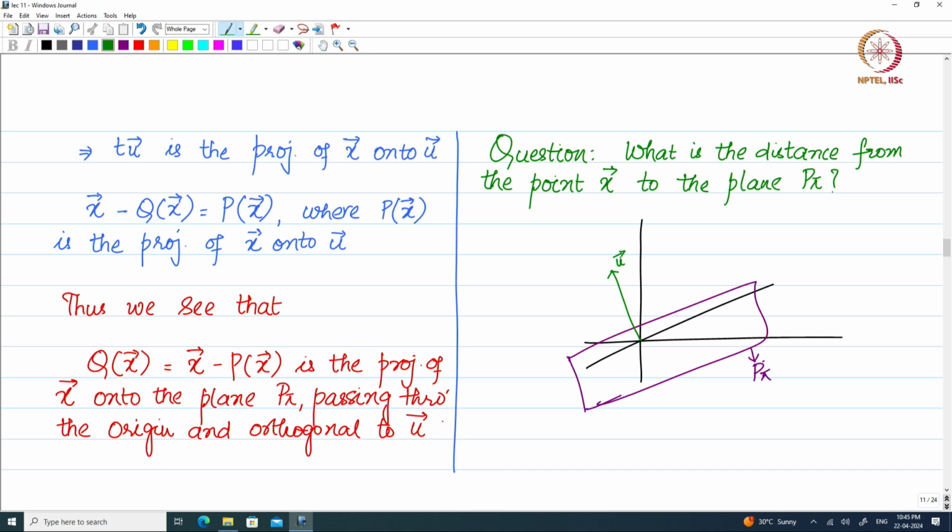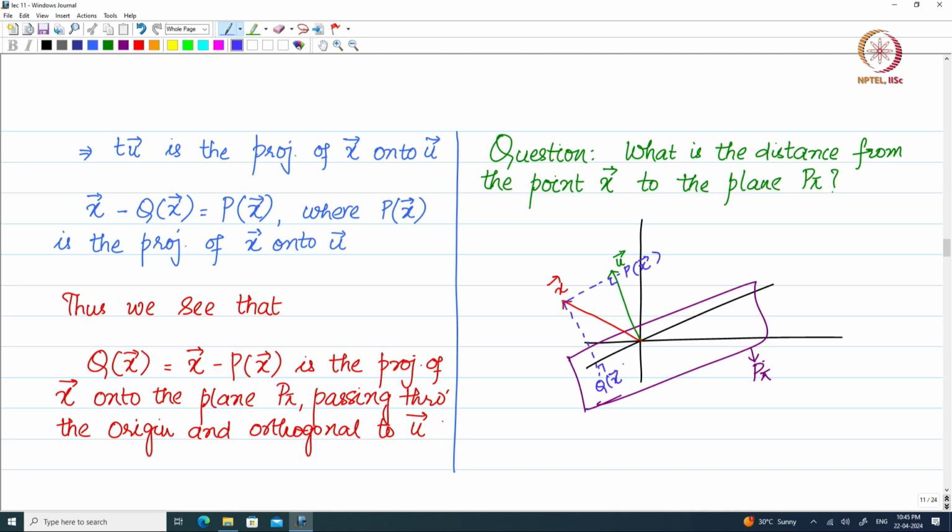We have this to be the vector x, and the perpendicular dropped from this to the plane. Let us call this q of x, and this is p of x, the projection of x onto the vector u.